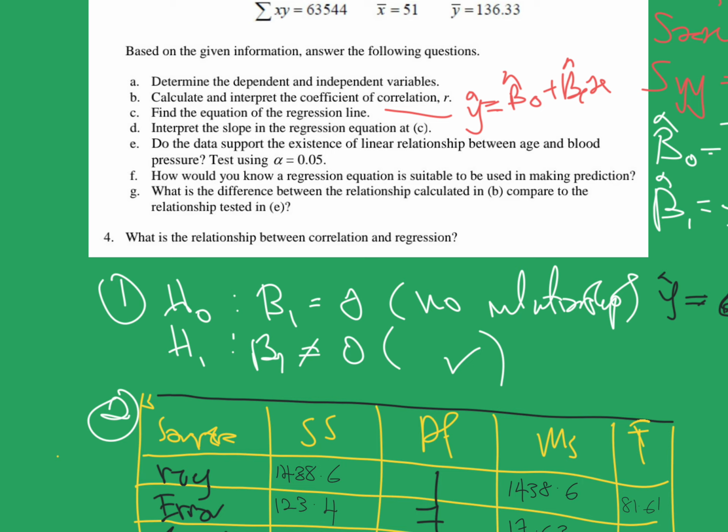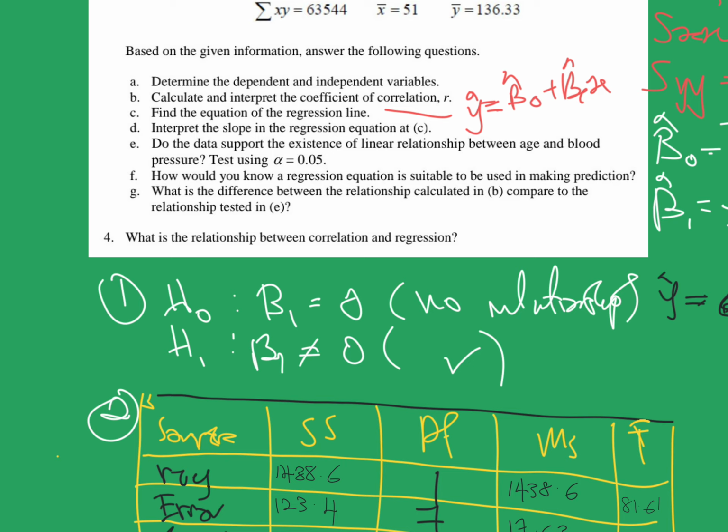Because the variation being explained by x is big enough. If not, you need to find another factor in order for us to do a prediction on y, on the blood pressure, right? So for this case, that is the answer.